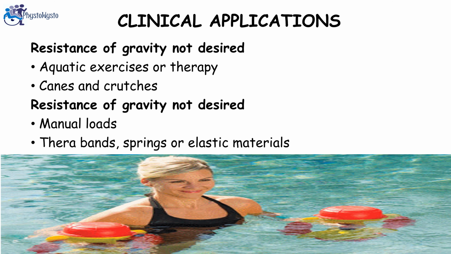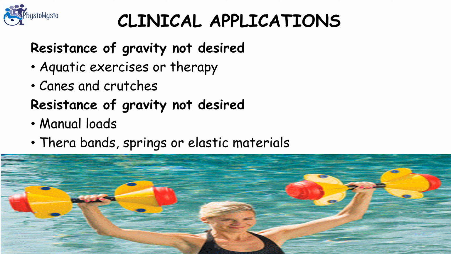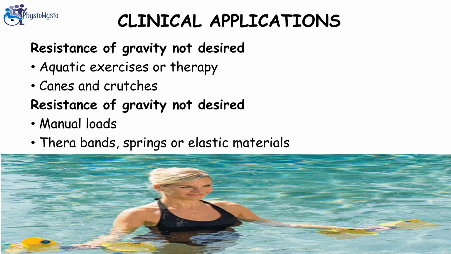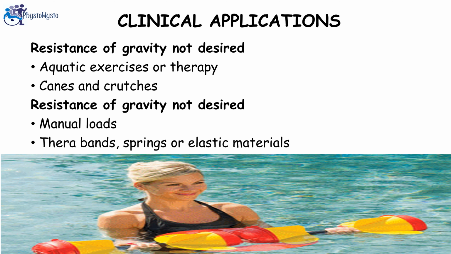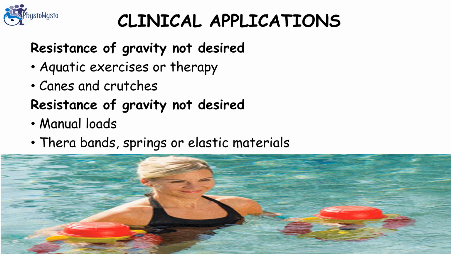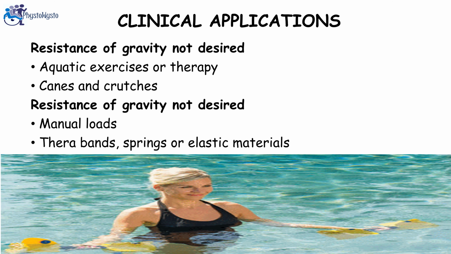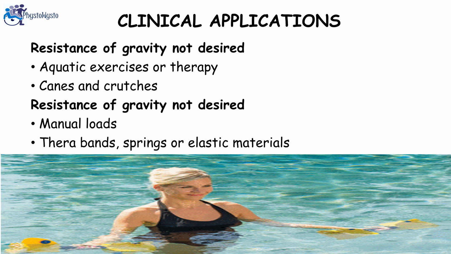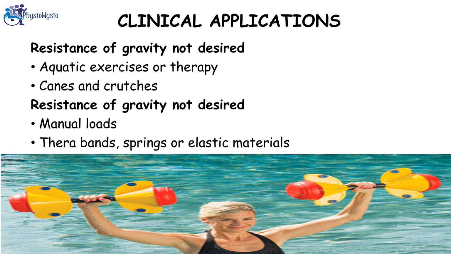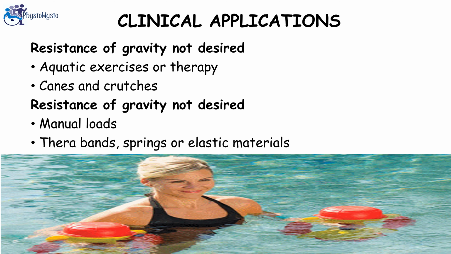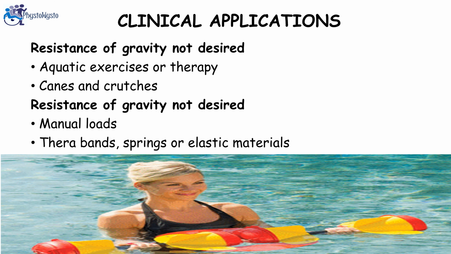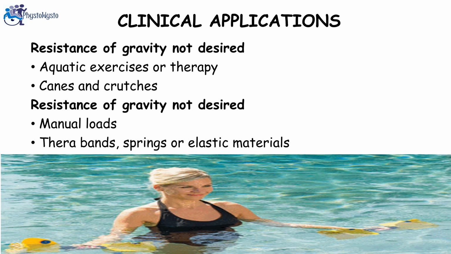When the resistance of gravity is not desired, for example in weak muscles or in poor muscle power conditions, the resistance of the body can be reduced by immersing the body in water, where the body is buoyed up by a force equal to the weight of the water displaced to balance the gravitational force on the body. Canes and crutches also help to reduce gravitational forces on weak or tender parts.